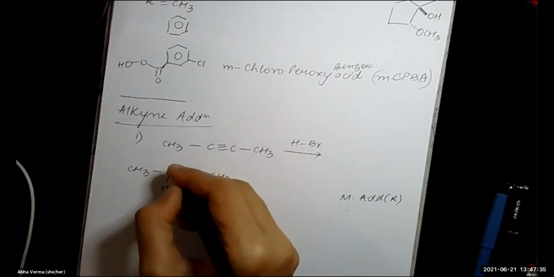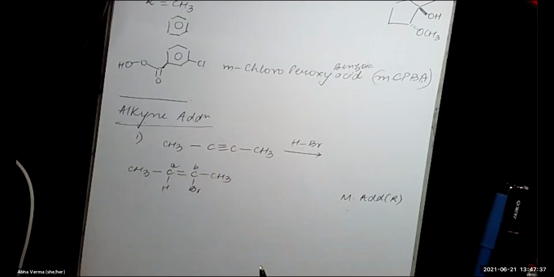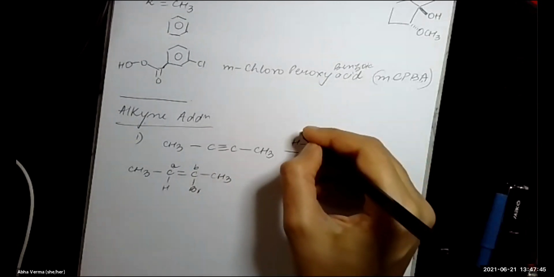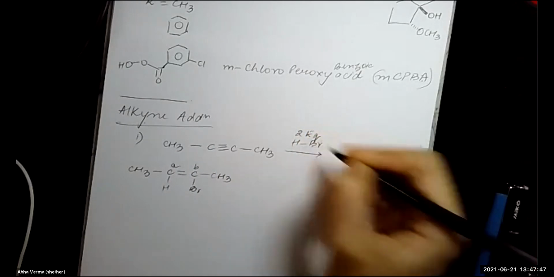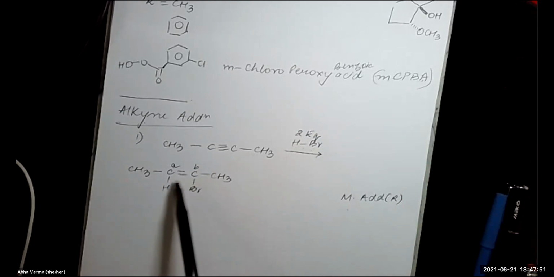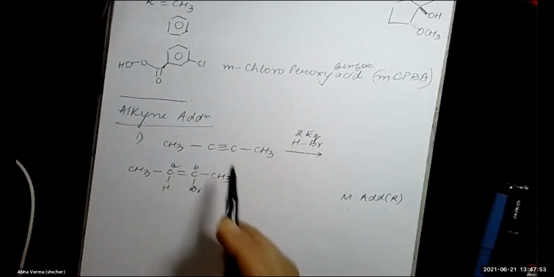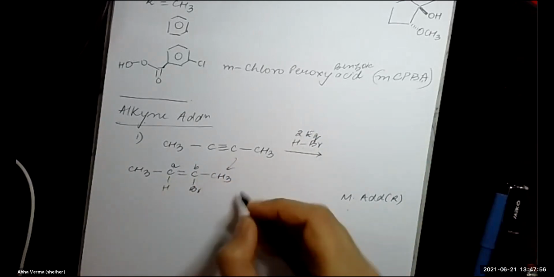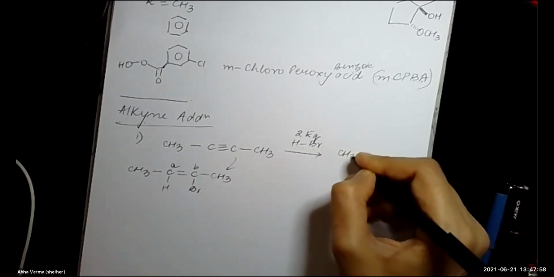Among these two carbons, A and B, B is more substituted, and I'm following my Markovnikov's rule. So where will the second mole, or the second equivalent, of my HBr come to? The H will go to the less substituted and the Br will go to the more substituted.